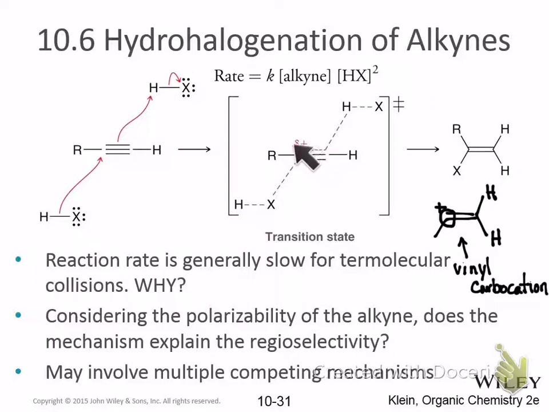That way you get a partial positive charge at this point, and not a full charged carbocation like you would expect in a reaction of an alkene. Because in the reaction of the alkene, you break the bond, you form a carbocation, and the nucleophile attacks. Because this kind of carbocation is so unstable, what the data shows is that this bond must be forming at the same time this bond is breaking, and that lowers the amount of charge that you see at this vinyl carbon.